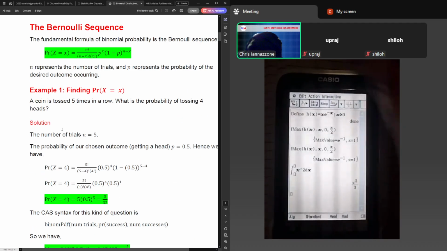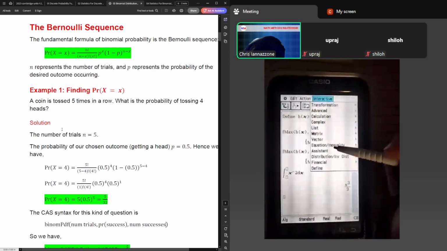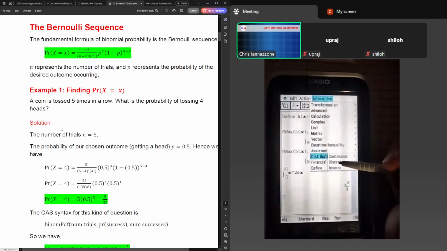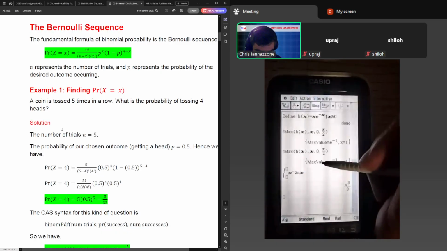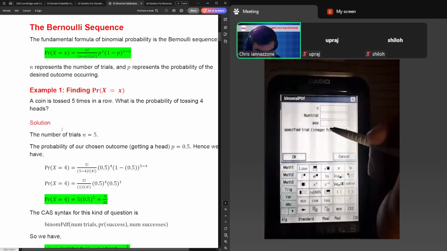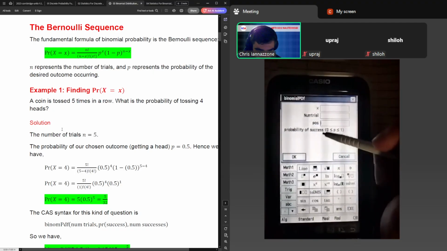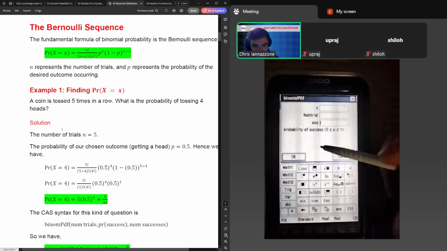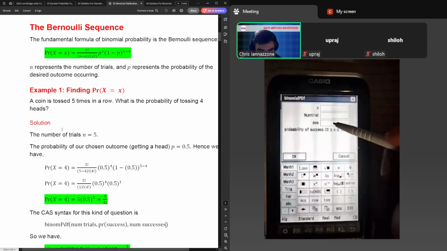I believe it's going to be interactive, distribution, discrete, binomial, PDF. So you'll click that. It's really weird, they call this POS. That means probability of success. By the way, at least they had a little subheading underneath it to show you.